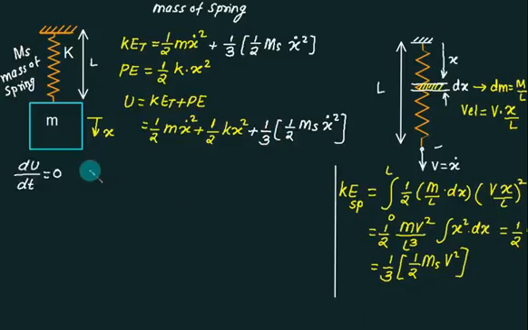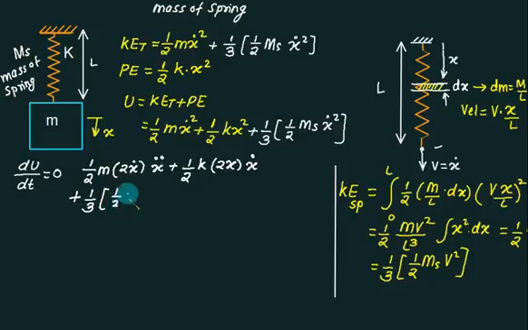Now take the derivative: 1 by 2 m, derivative of x dot square is 2x dot into x double dot, plus 1 by 2 into k into 2x, and the derivative of x is x dot, plus 1 by 3 into 1 by 2 into ms, derivative of x dot square is 2 x dot into x double dot, and this total quantity is 0.